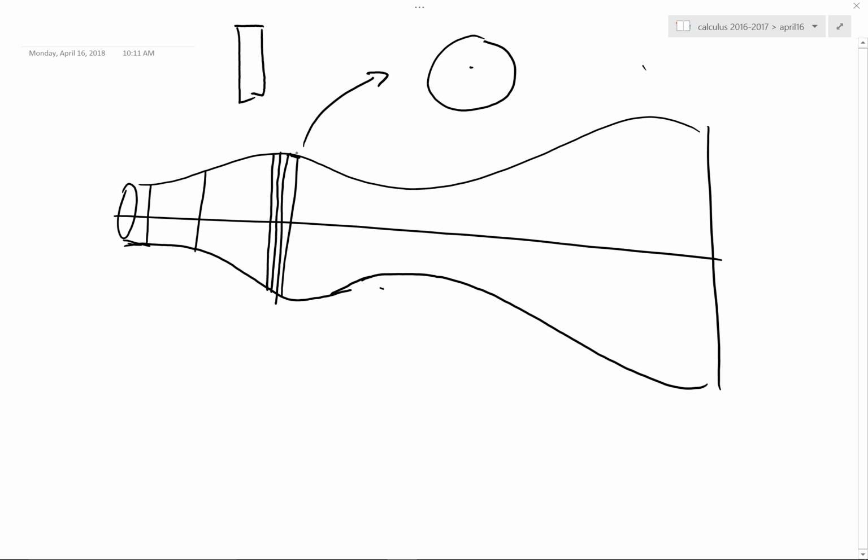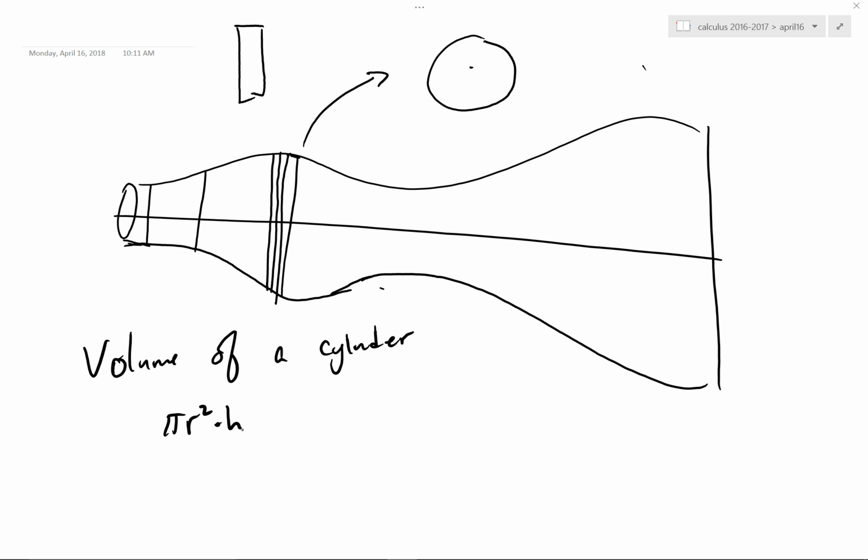Now, I feel like the volume of a cylinder is pi r squared times h. That's what I feel like, yes? Am I right? I feel like I'm right.